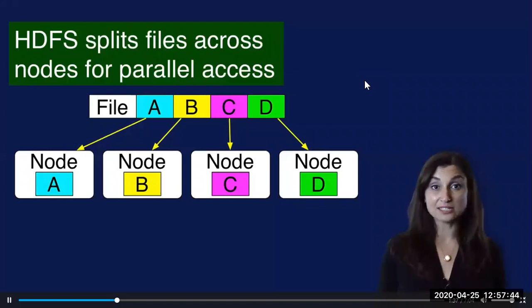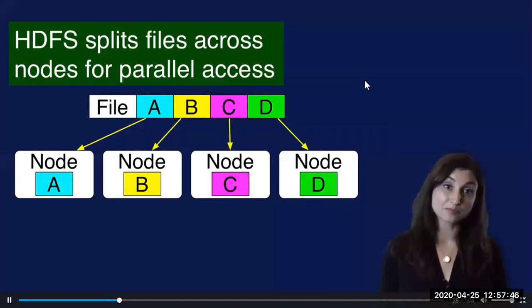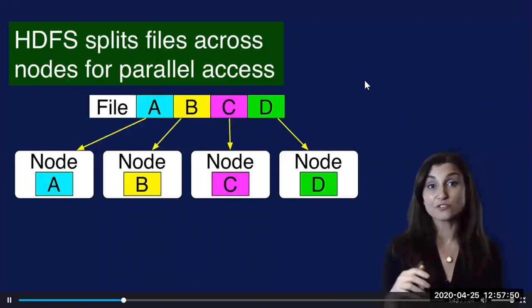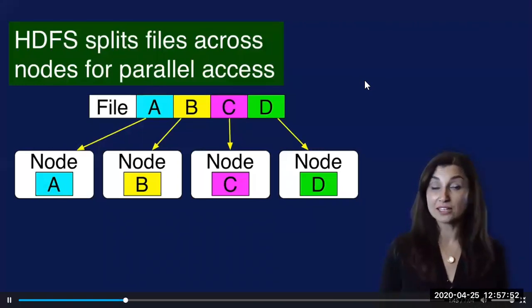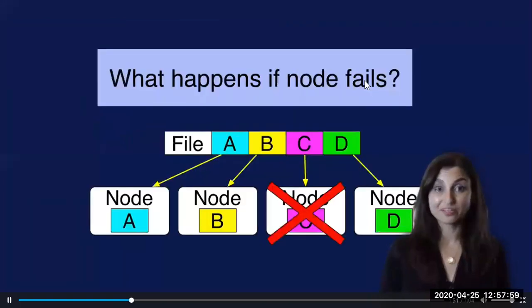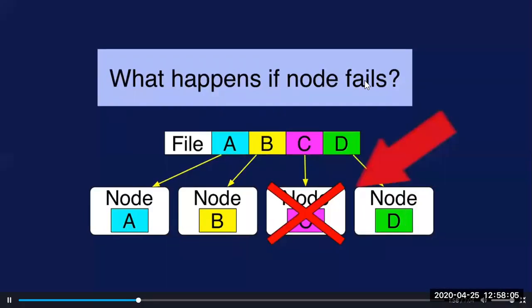Typical file size is gigabytes to terabytes. The default chunk size, the size of each piece of a file, is 64 megabytes, but you can configure this to any size. By spreading the file across many nodes, the chances are increased that a node storing one of the blocks will fail.